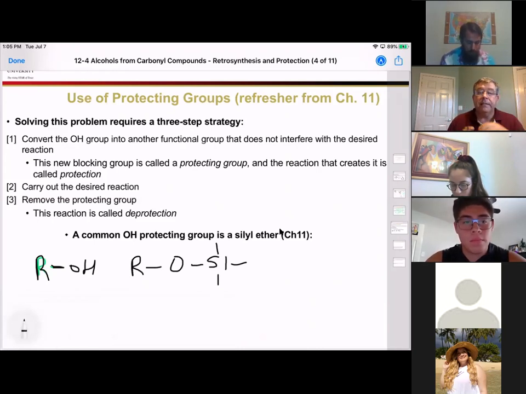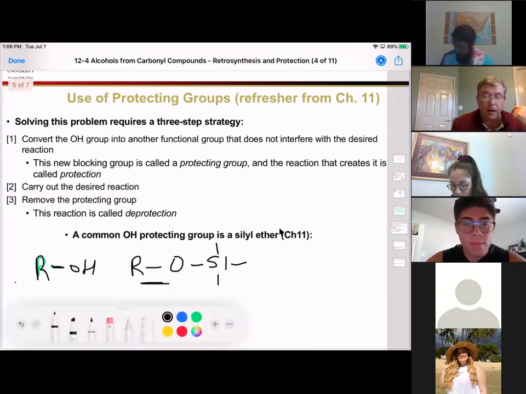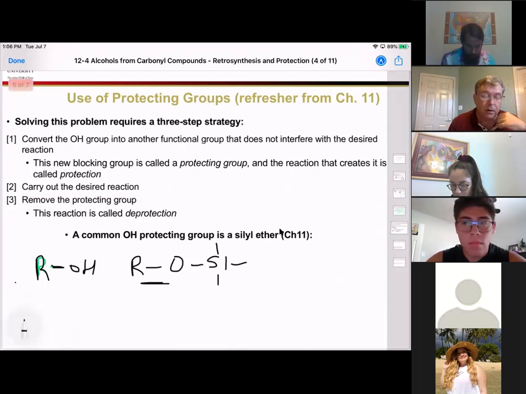What this creates is a silyl ether, or an ether from a silicon and an oxygen, and then we have an ether with the oxygen and the carbon, okay? Ethers don't react in these nucleophilic systems, okay, unless they're that 3-membered ring, okay? So we have one that's really common, and it's called the tert-butyl dimethylsilyl ether derivative.